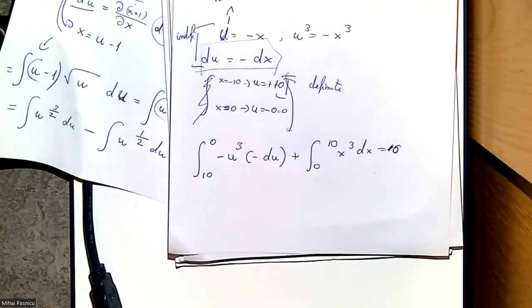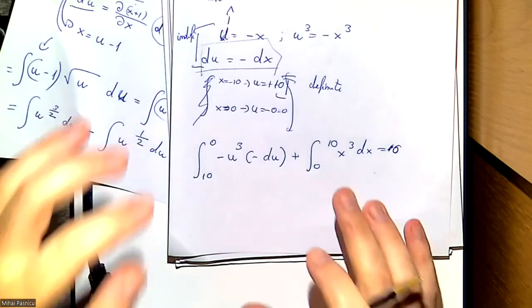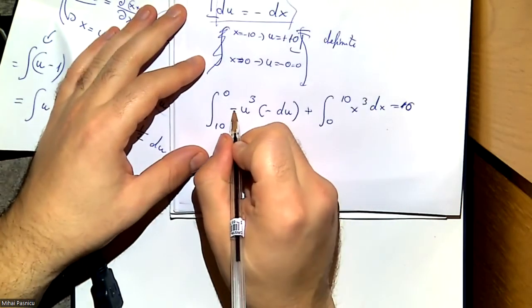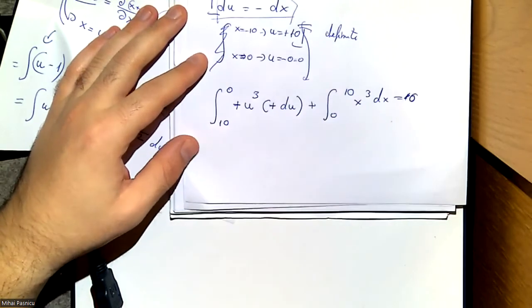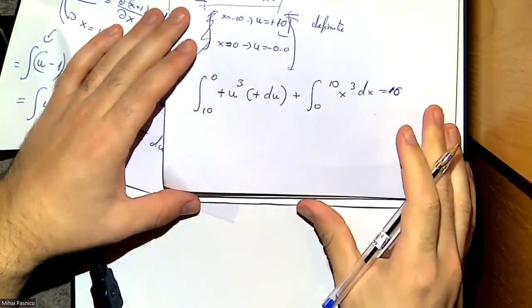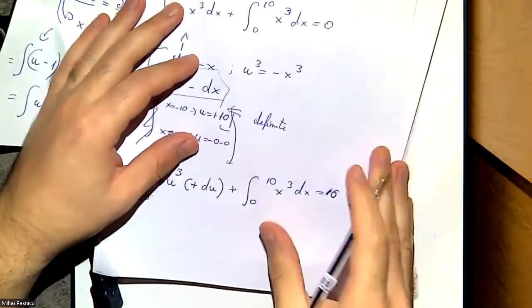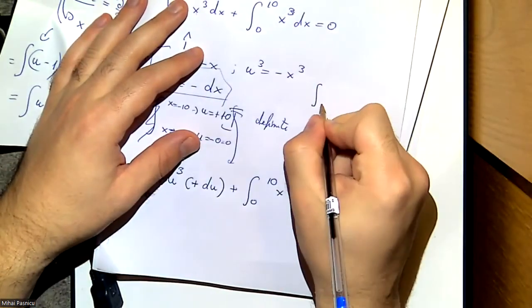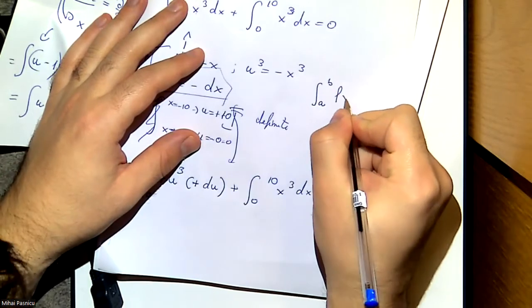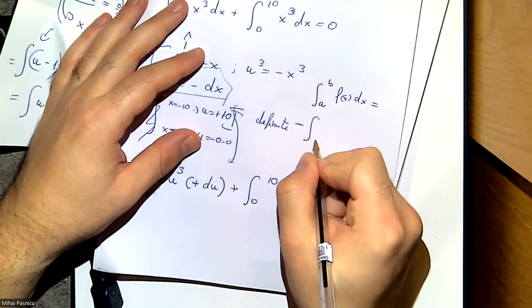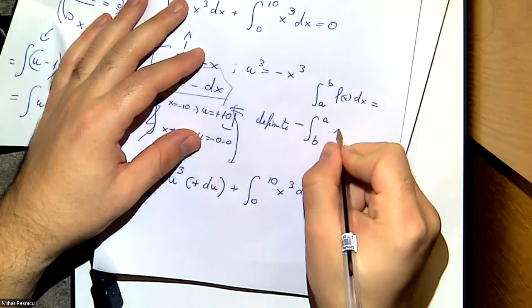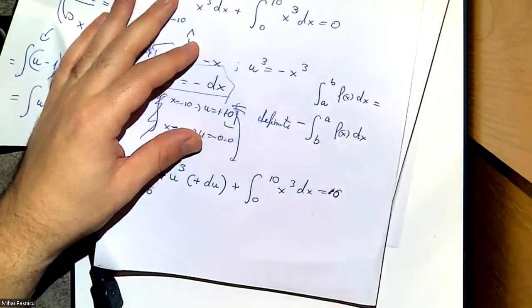All right, now let's see why I chose this way of writing. So minus with a minus just becomes plus. And remember, I'm going to rewrite the formula again in case you forgot. The integral from a to b of f of x dx is equal to minus the integral from b to a of f of x dx.